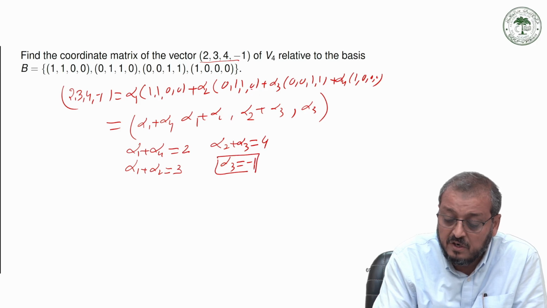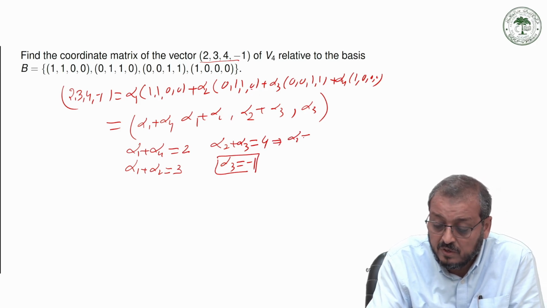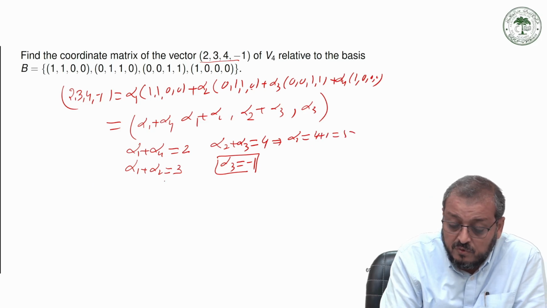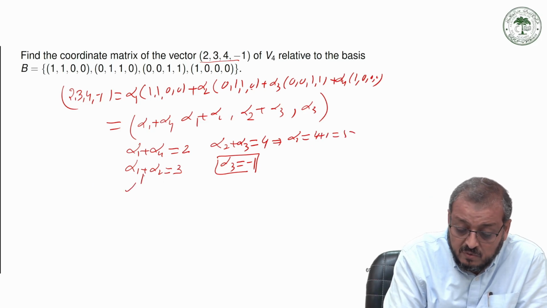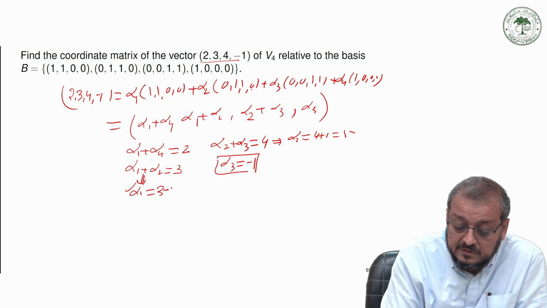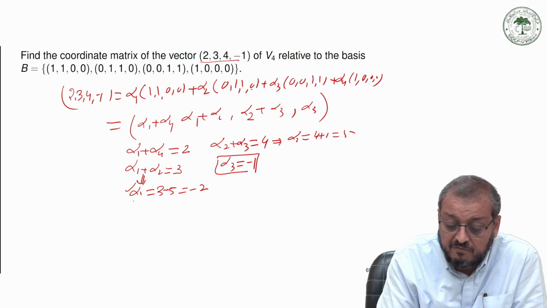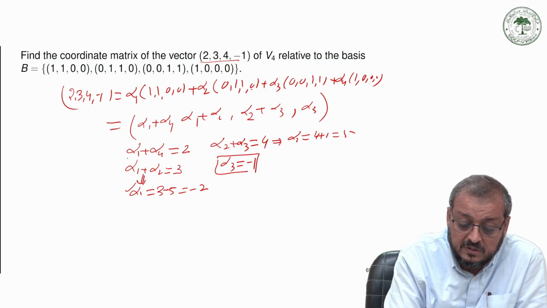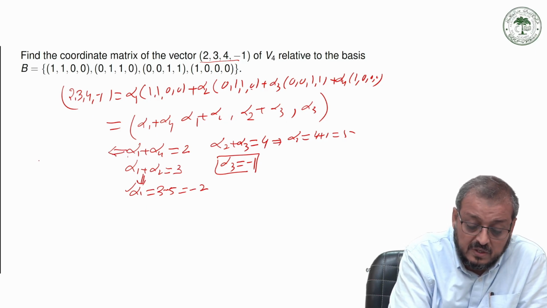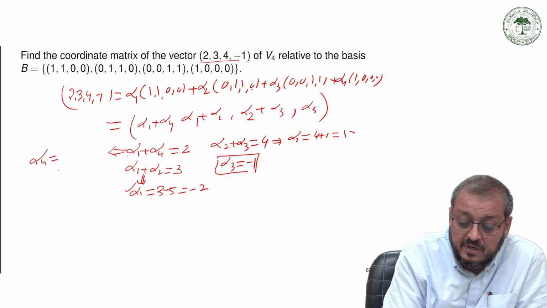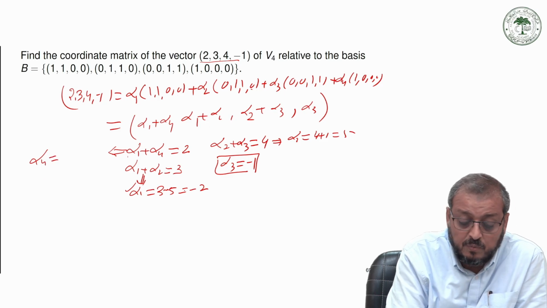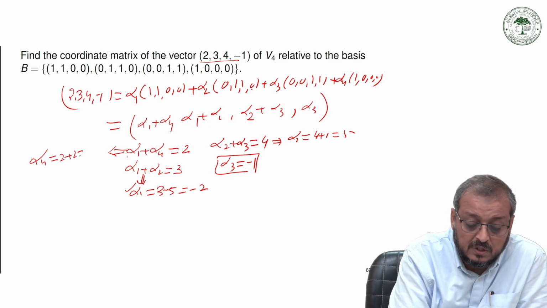So alpha 3 is equal to -1, and that means alpha 2 is equal to 4 plus 1, which is 5. If alpha 2 is equal to 5, then by this equation alpha 1 is equal to 3 minus 5, which is -2. Then alpha 4 can be written as 2 plus 2, so alpha 4 is equal to 4.